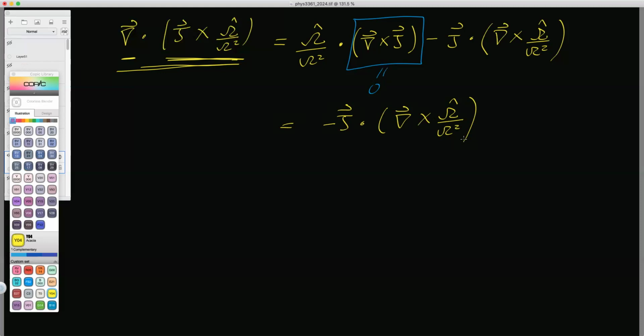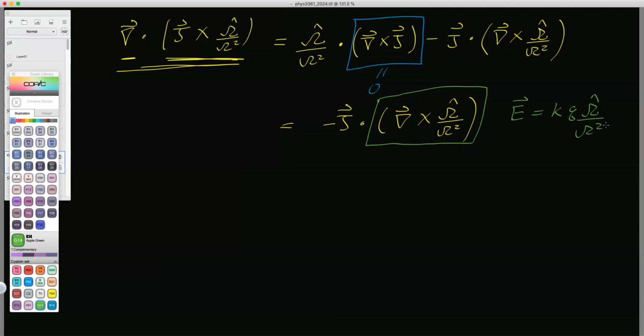Now, why is this 0? Because this thing is actually 0 as well. We know it's 0 mainly because we know that the curl of E is 0. And doesn't that omega hat over omega squared look a lot like E? It's the vector part of E, because E is kQ omega hat over omega squared.